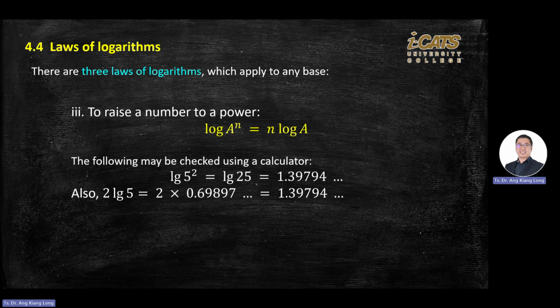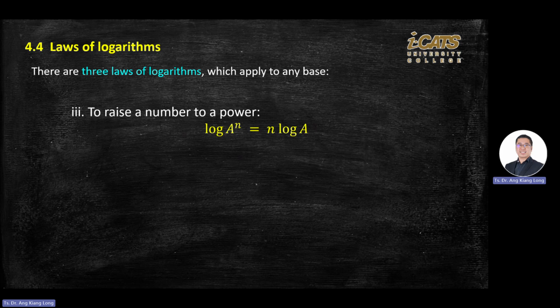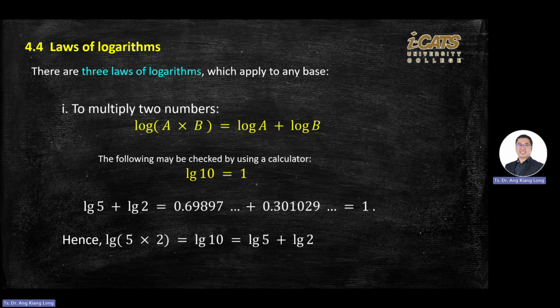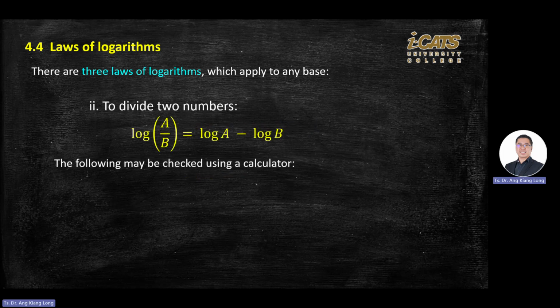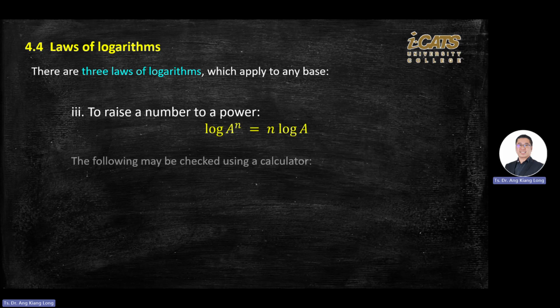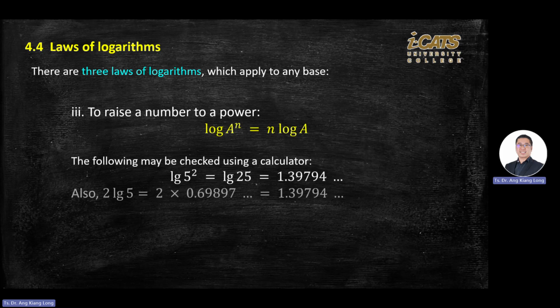But what's important, you have 3 laws in logarithm. The first one is multiplication. Multiplication is a plus. If it's divide, it's a minus. If it's an exponent, carry the exponent to the front. There are 3 laws. So these 3 laws, in a test, you won't be given.